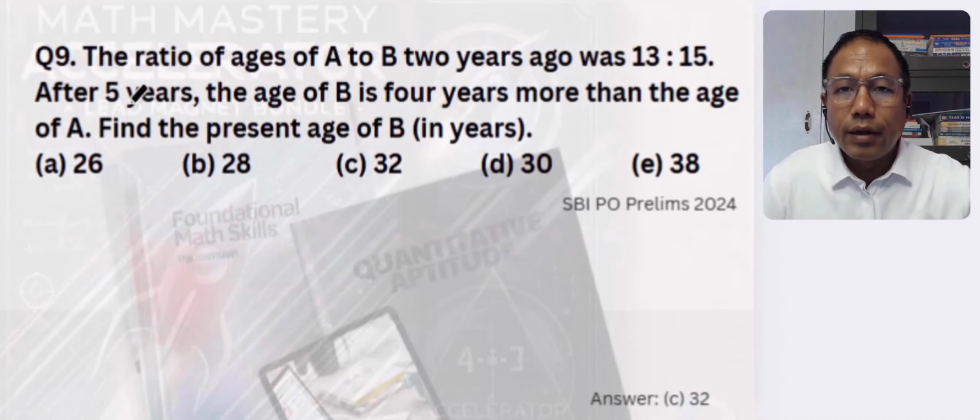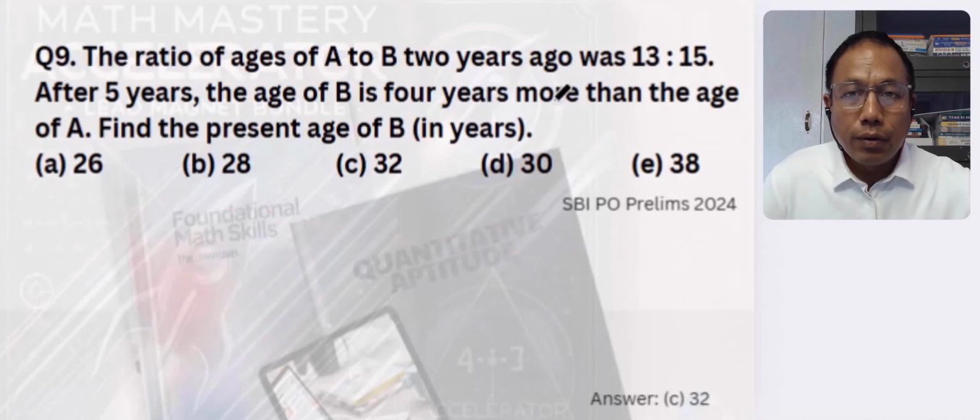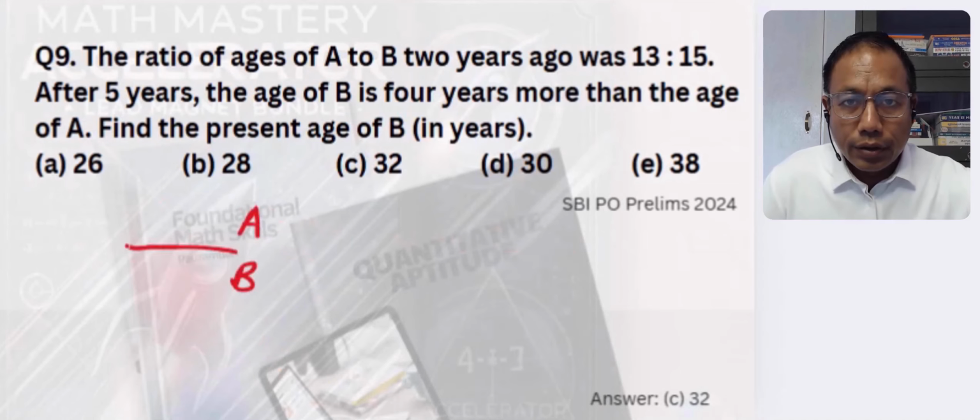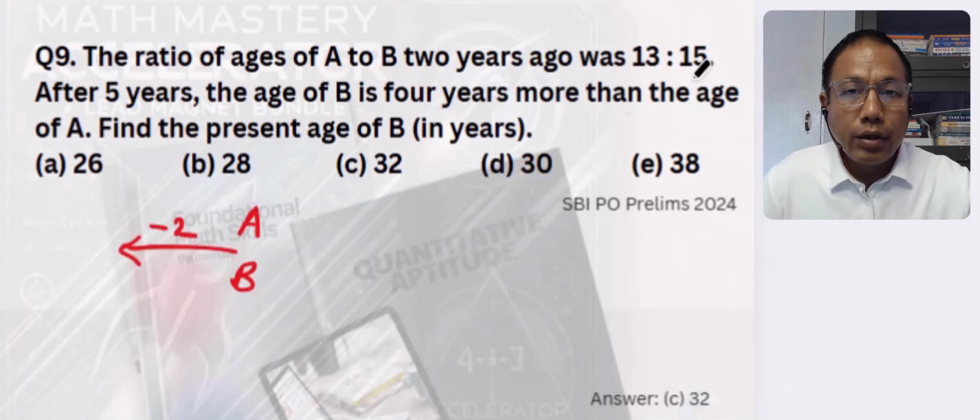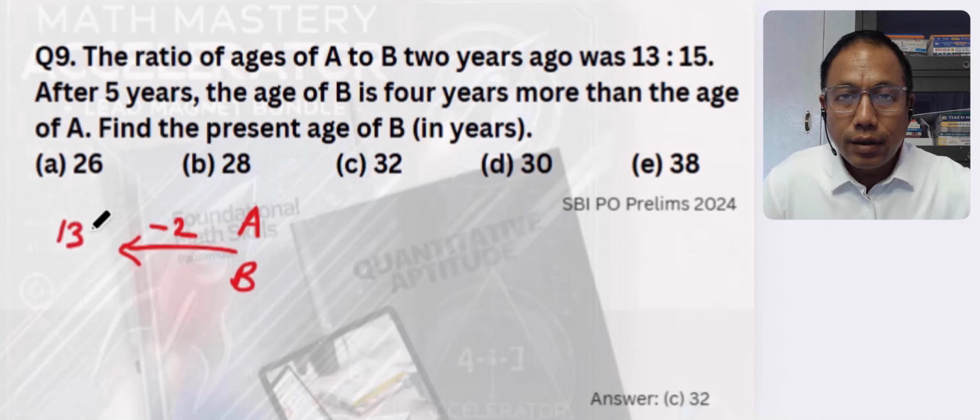Question number 9. The ratio of ages of A and B 2 years ago, minus 2, was 13:15. This is 13x and 15x.